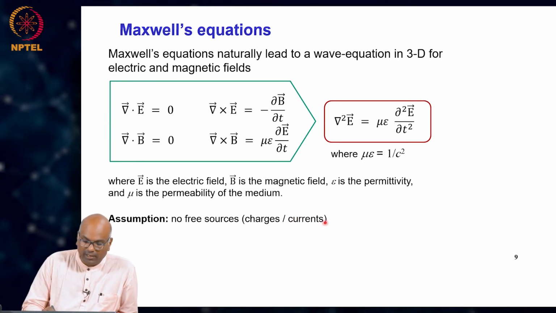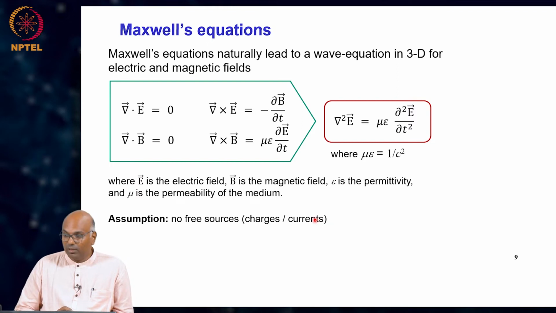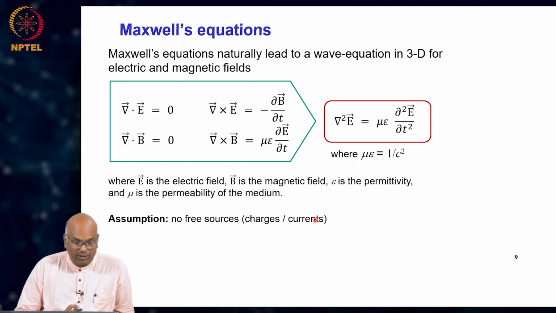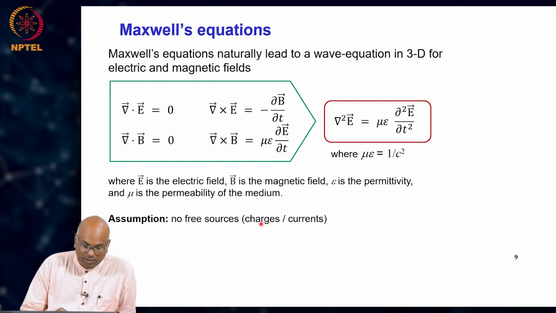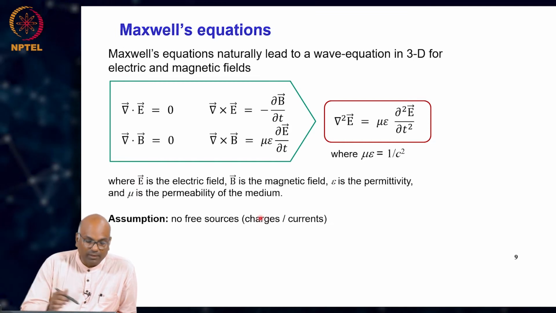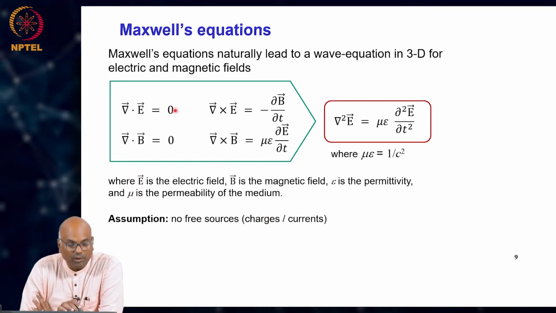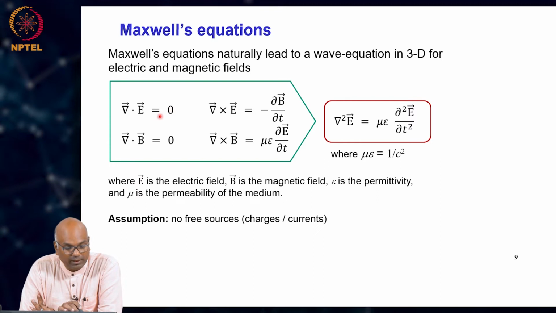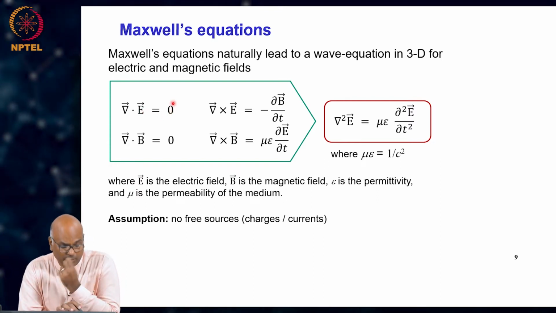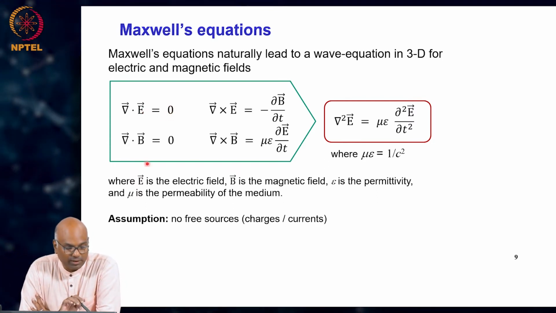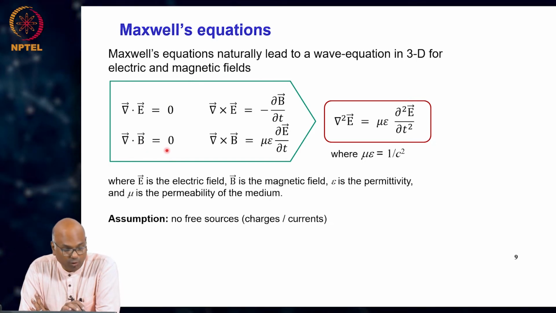But if we again consider this ideal yet very useful situation where there are no free sources, that is charges or currents, then the Gauss law for the electrical part, which is divergence of E or del dot E, essentially is 0. Divergence of B is always 0.